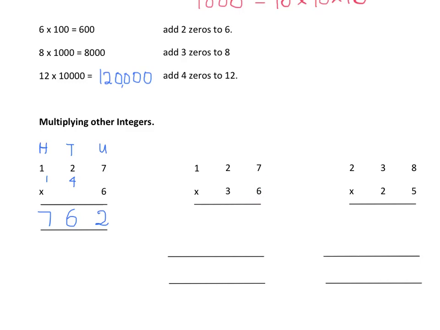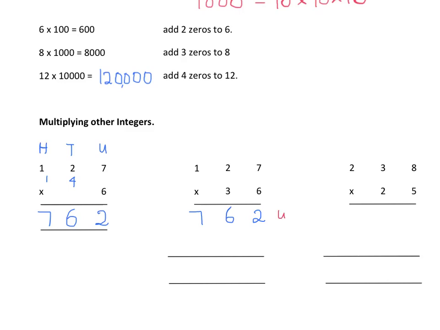We'll get the answer of 762. And you can think of that as the row that you get when you multiply those 6 units by 127. So if you want to just put a little note here, this is the multiplication by units column.